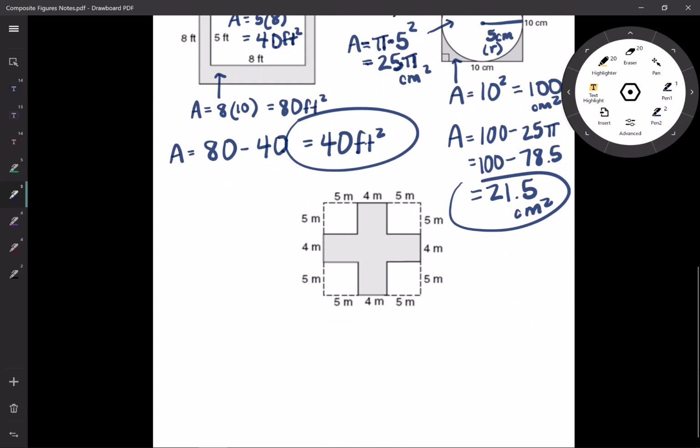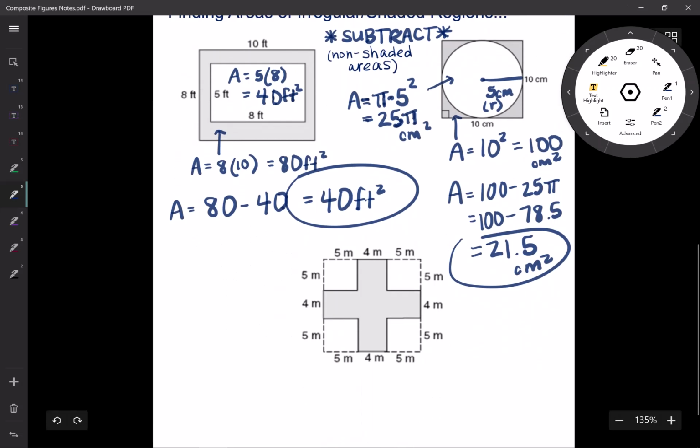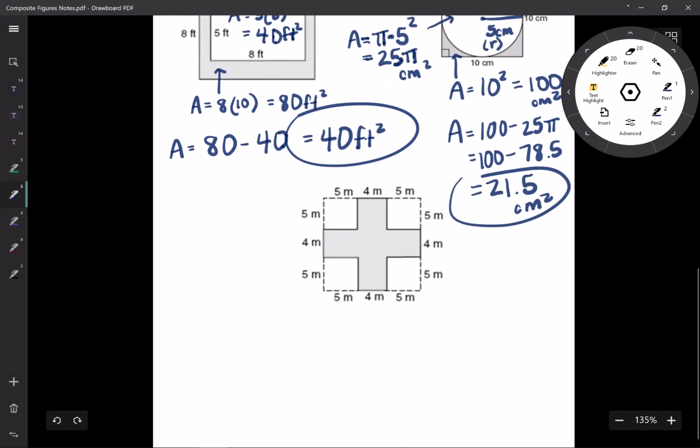Okay, and last but not least, the problem on the bottom, it may look pretty complicated, but it's actually very similar to the first example I showed you guys. So I would get the area of this full square, and there's different ways you could do this problem. I'm going to show you the way with subtraction. You could also do it using addition as well. But essentially, the area of this full square, so this full length, I just add all of these together.